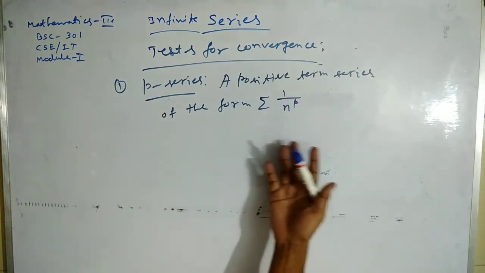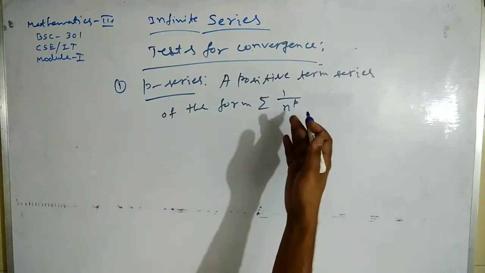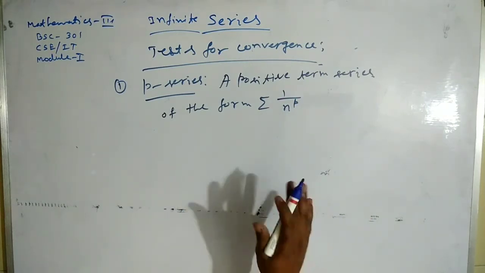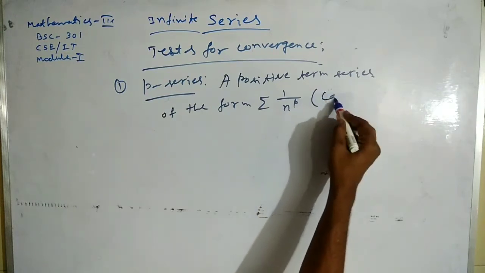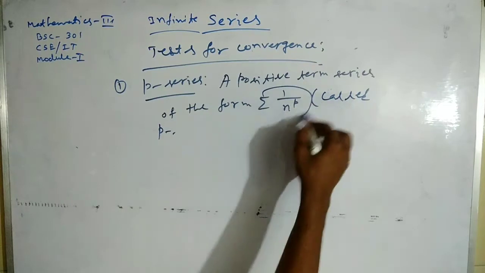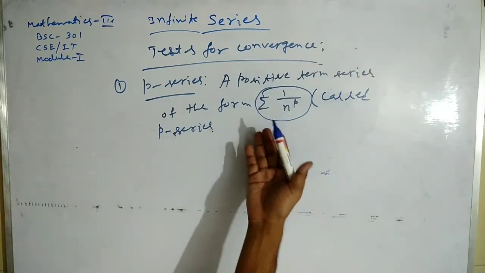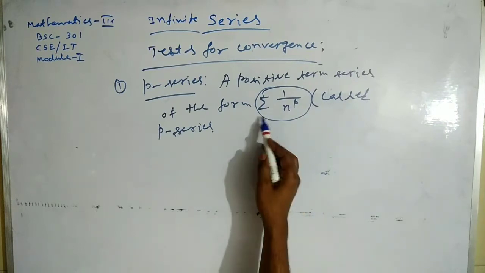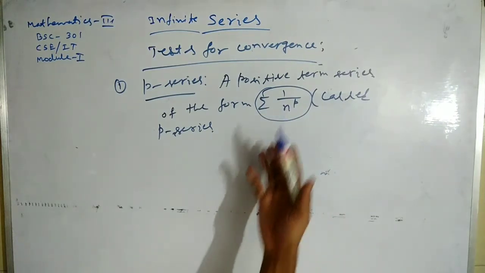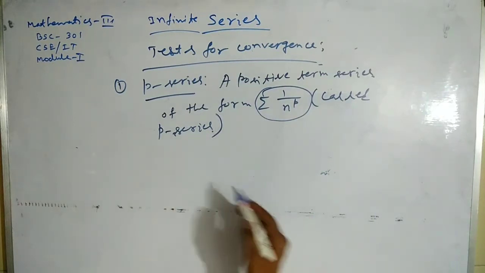All the terms of this series will be positive, and the form will be like this, 1 by n to the power p. This series is called P series. I am not writing the range of n, it will be n equal to 1 to infinity, since this is an infinite series.